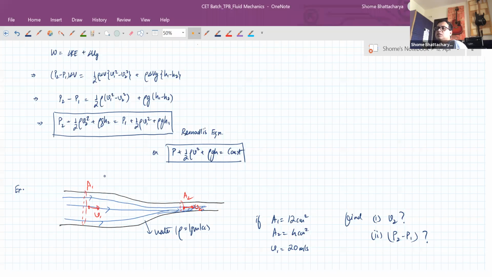This is a horizontal pipe. So we'll quickly see the application of Bernoulli's equation along with continuity equation in this. And with that, we will conclude today's session.